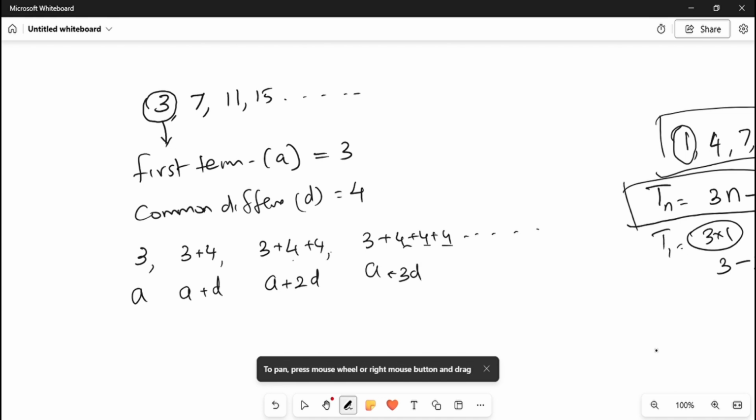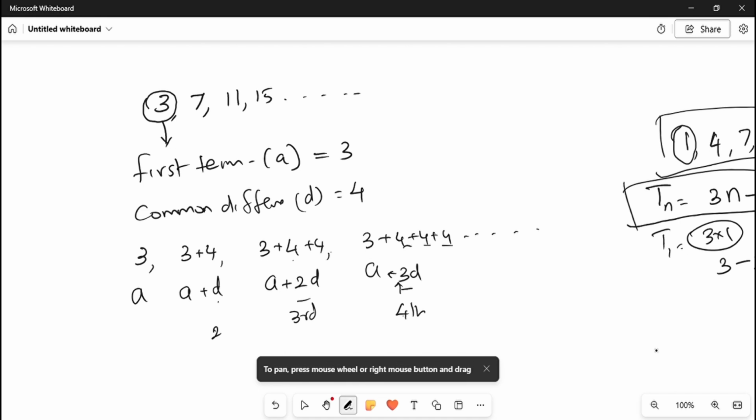Look at how this number pattern is moving. Here the fourth term has 3D, the third term has 2D, the second term has 1D. So look at this, it is 1 less. When you take the fourth term, 4, here 3 comes, 1 less.